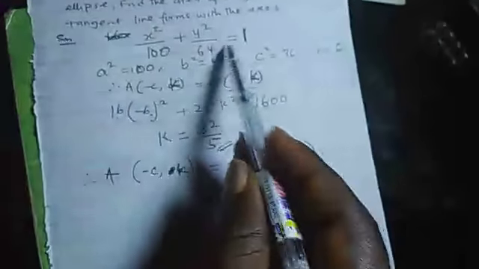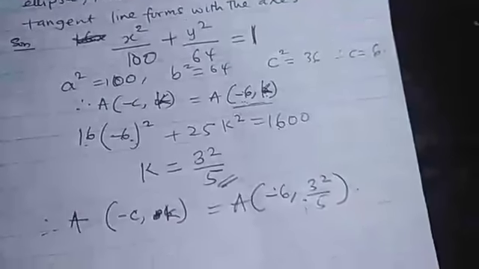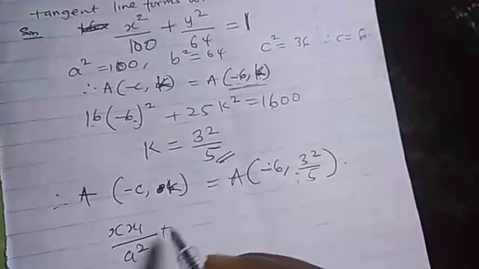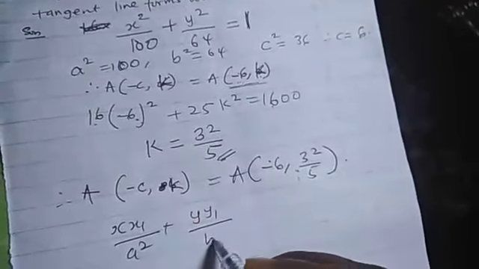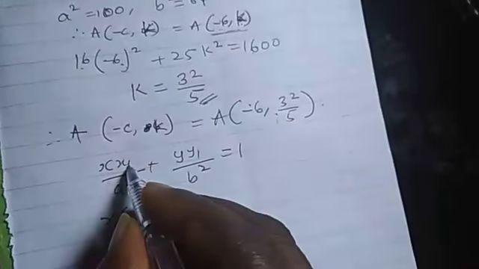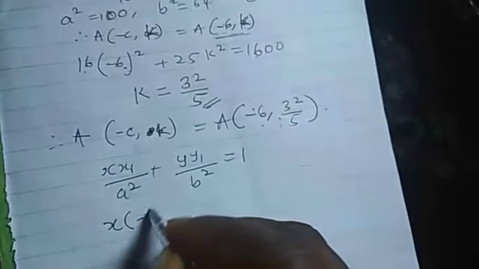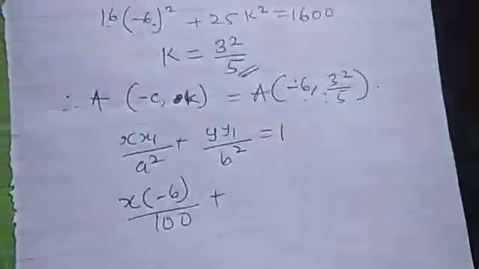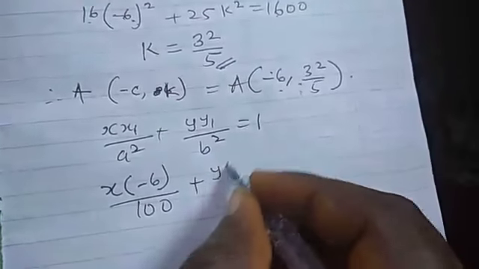We come to this place. We use the equation of tangent. This is x1 over a square plus y1 over b square equal to 1. Our x1 is minus 6 over our a square, which is 100, plus y1.